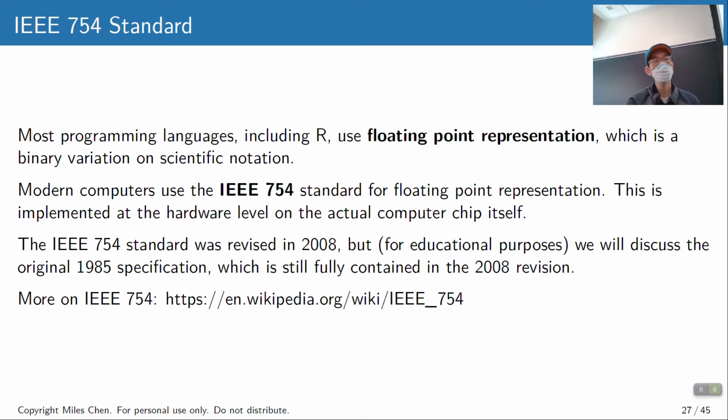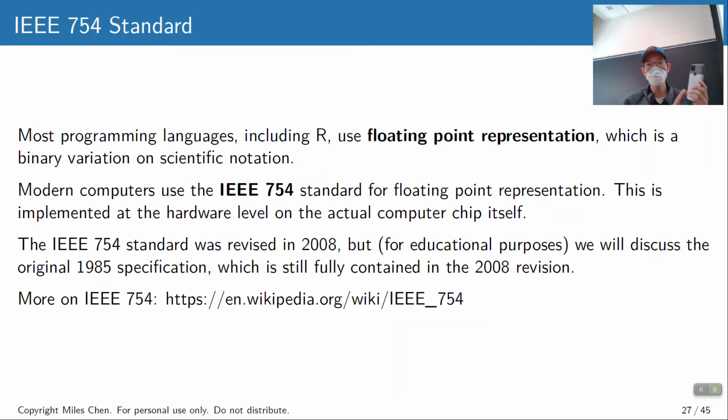Prior to this standard, different chip manufacturers had different ways of storing numbers, and they said this is too crazy. So they created a specification, and it was adopted by everyone in 1985.